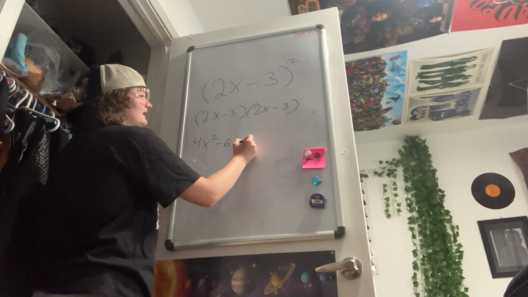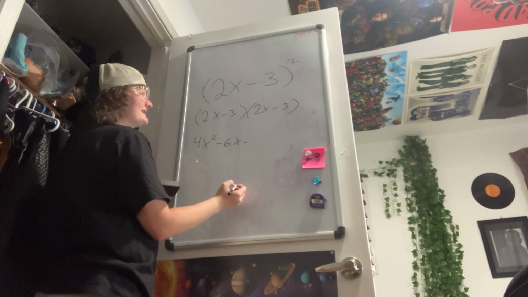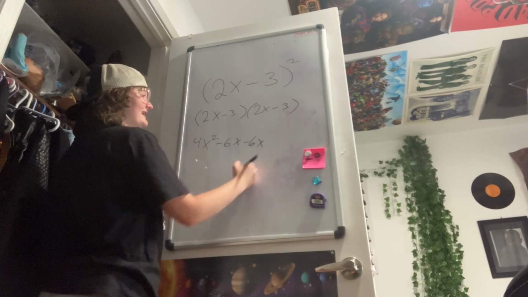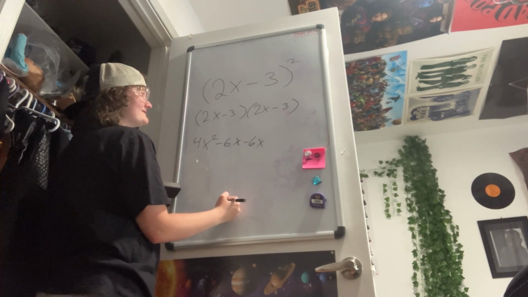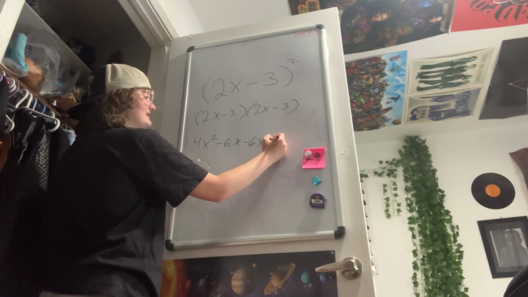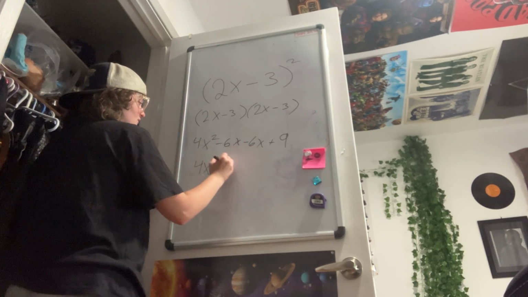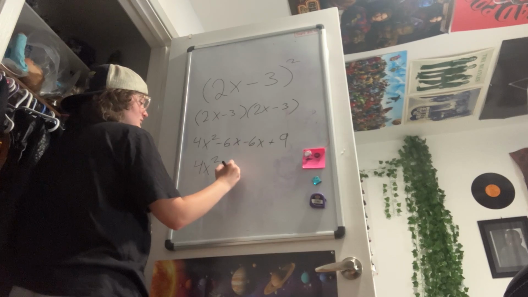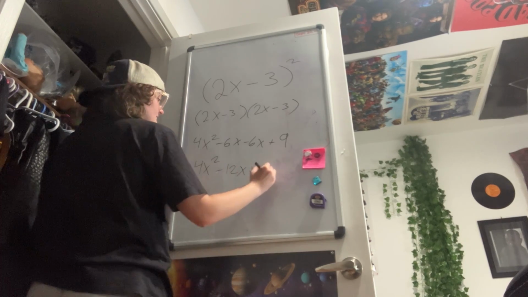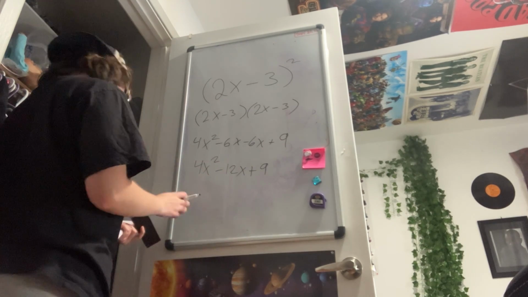Hang on. Negative 3 times 2 is negative 6. So negative 6x. And then lastly is negative 3 times negative 3, which is positive 9. Collecting like terms, that's 4x squared minus 12x plus 9. Okay.